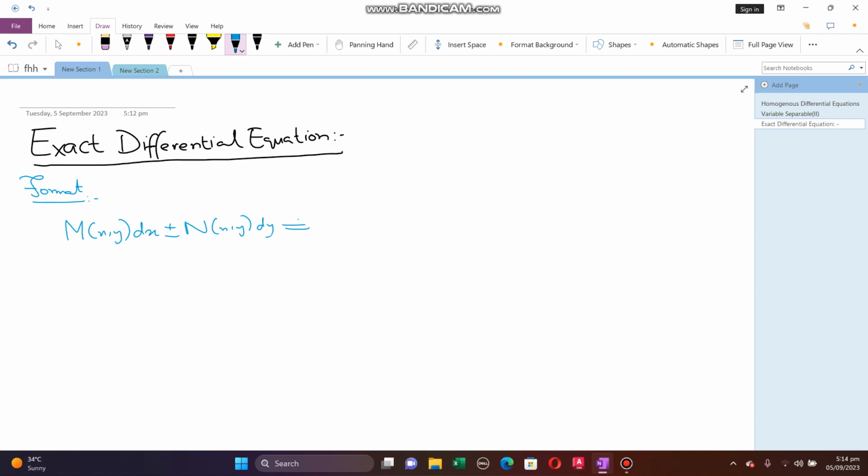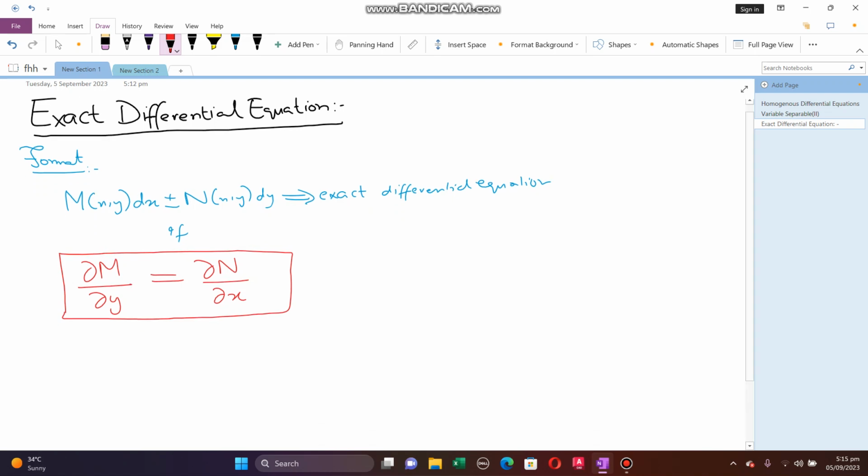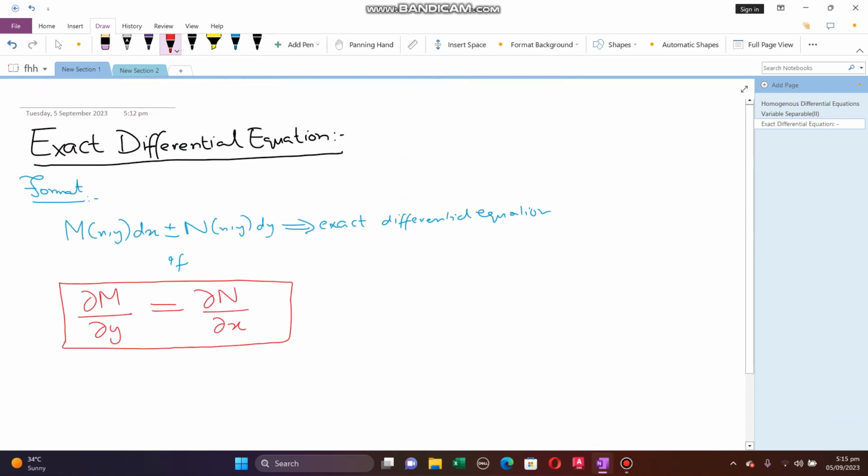It is said to be an exact differential equation if the partial derivative of M with respect to y is equal to the partial derivative of N with respect to x. If this criterion is met, the equation is said to be an exact equation.